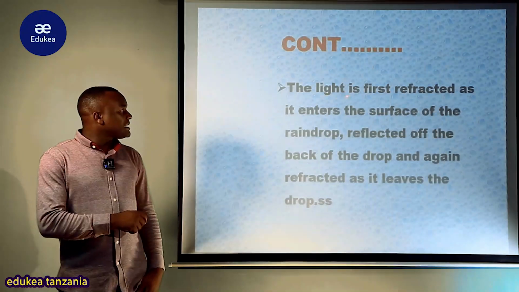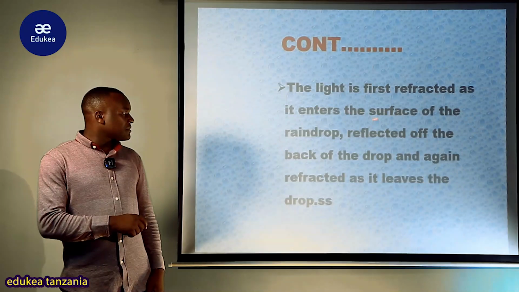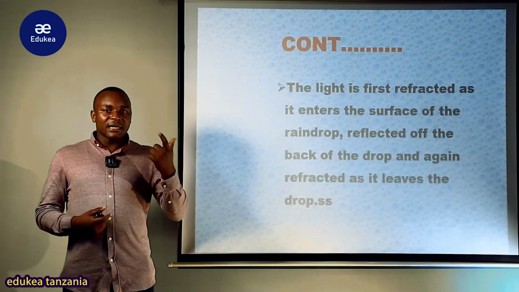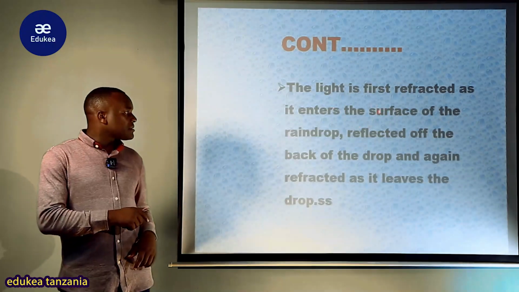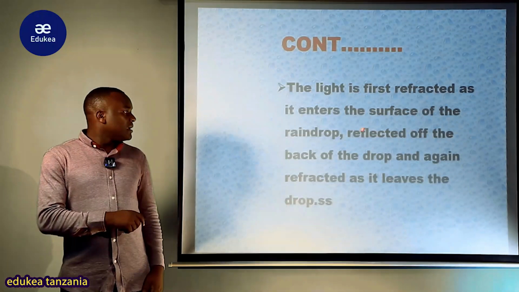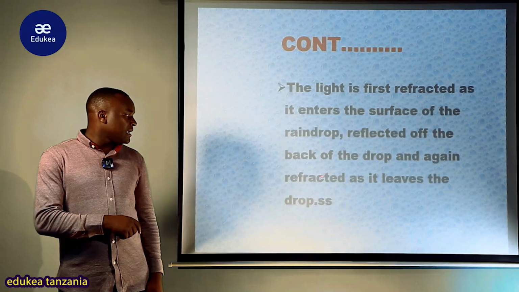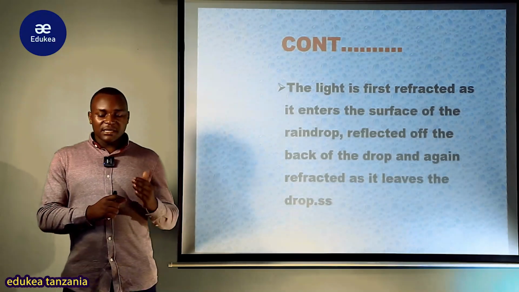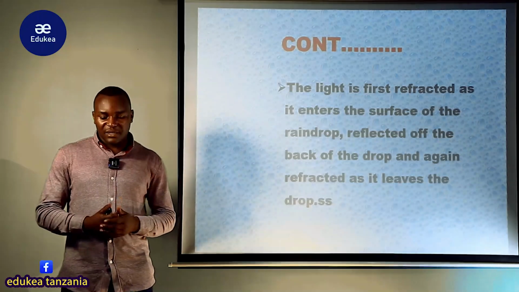So we say the light is first refracted as it enters the surface of the raindrop, then reflected at the back of the drop, and again refracted as it leaves the drop. The way it passes through a prism is the same as the way it passes here.